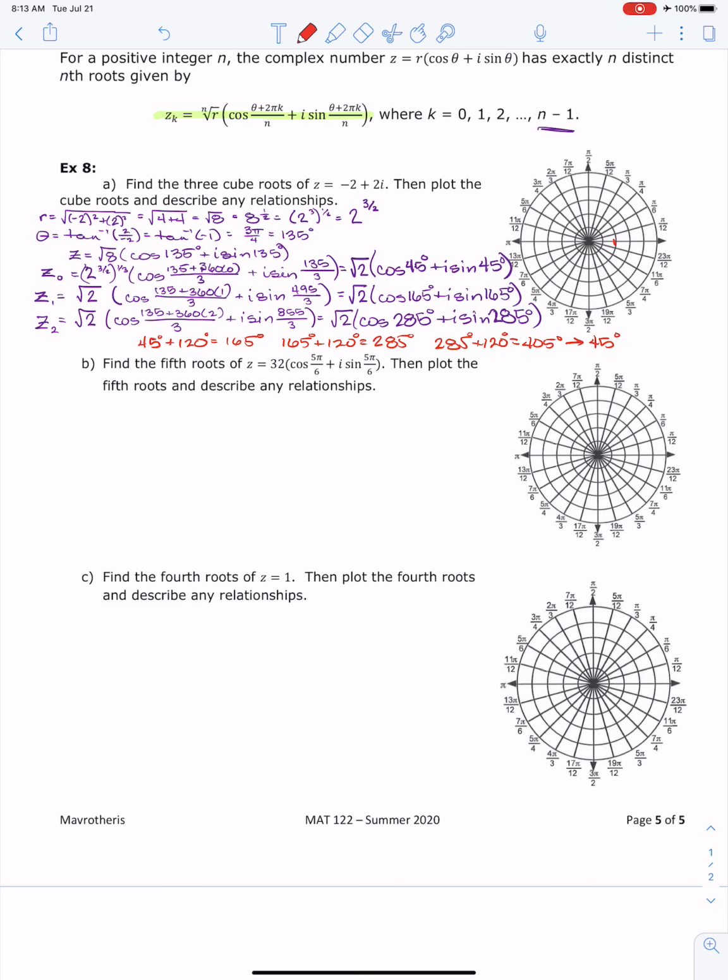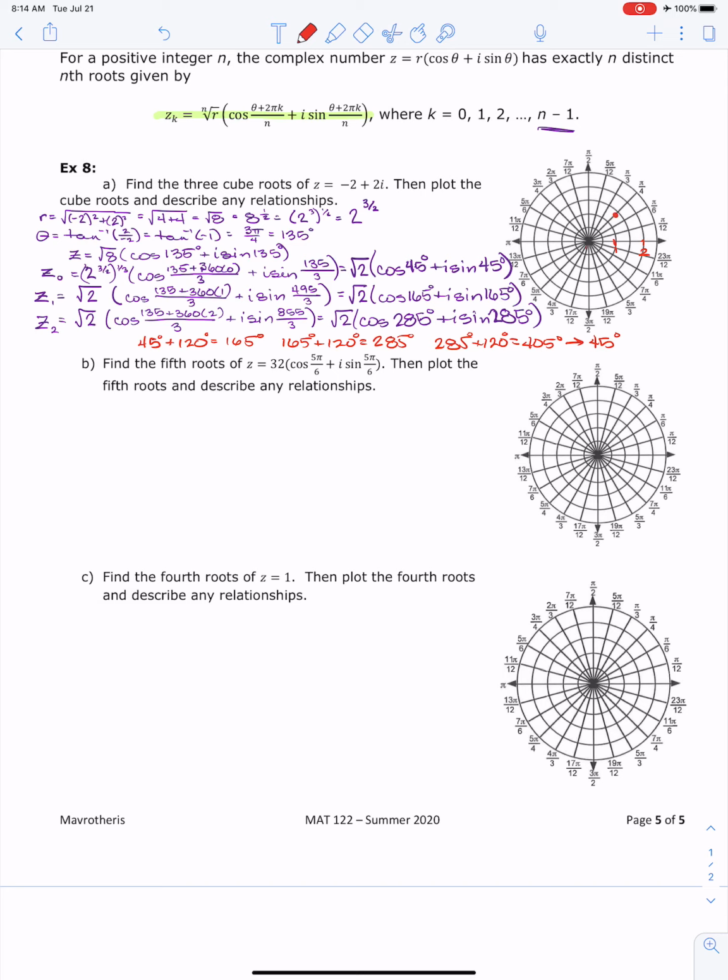So here, give me a little more space. Square root of 2 at a 45-degree angle. So 45 is our pi over 4.